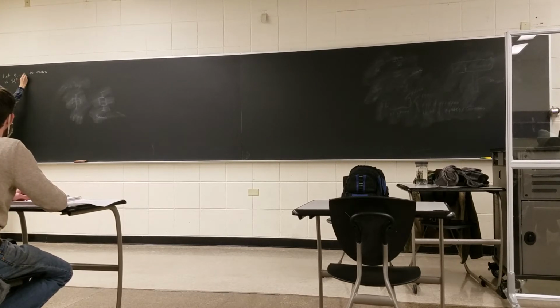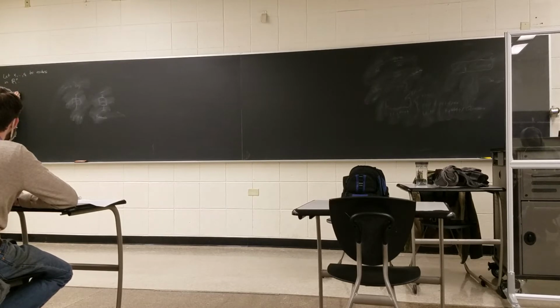So x1 v1 plus x2 v2 plus dot dot dot plus xk vk equals b. This is a linear combination of the vectors v1 up to vk, and b is the vector that we get as a result.